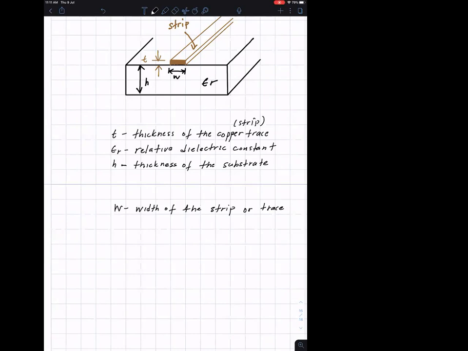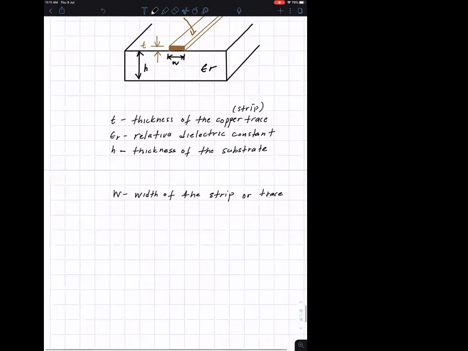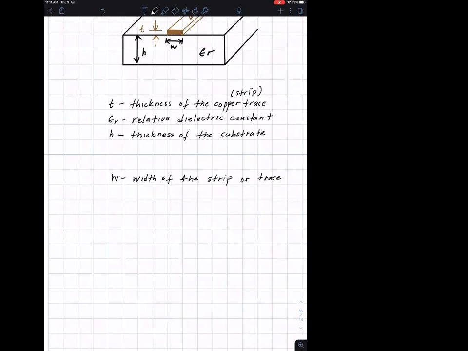So in AC, when you design the low frequency circuit, you don't really bother about this thickness, width, dielectric, and all this very much, right? Right or not? But things change at high frequency.